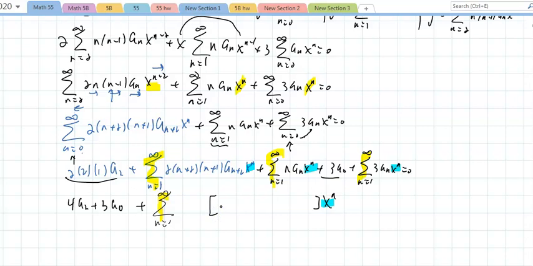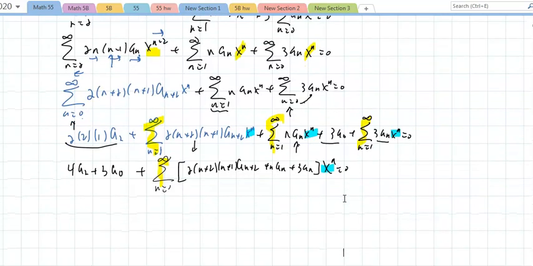Does anything else match? Well, not really. So this is actually 2n plus 2 into n plus 1 a sub n plus 2 plus n a sub n plus 3a sub n. Okay, and that equals 0, of course.